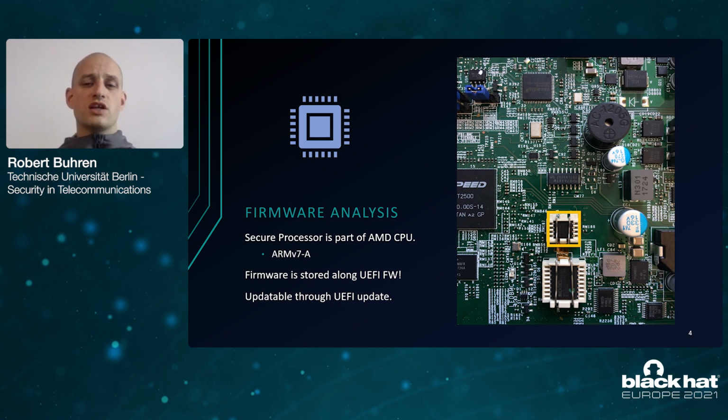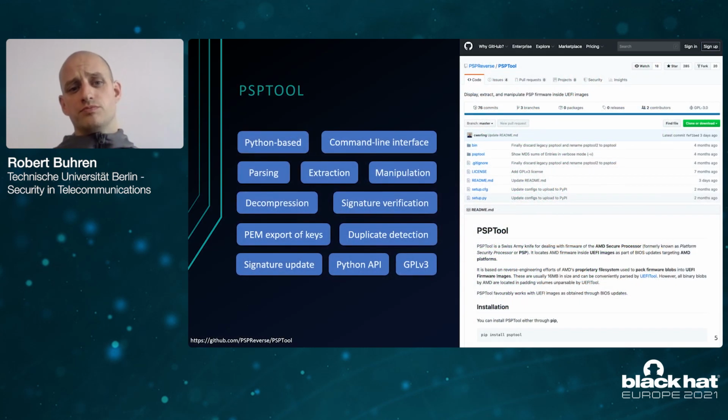And it uses a dedicated file system, a proprietary file system from AMD. We wrote a tool called PSP Tool, which allows you to parse that proprietary file system and dump information about the contents of that file system. It's available on GitHub.